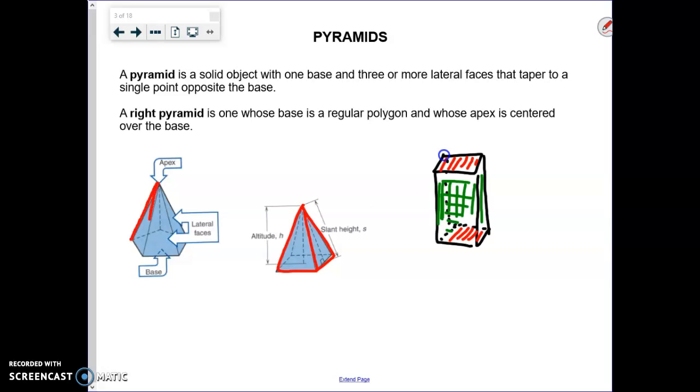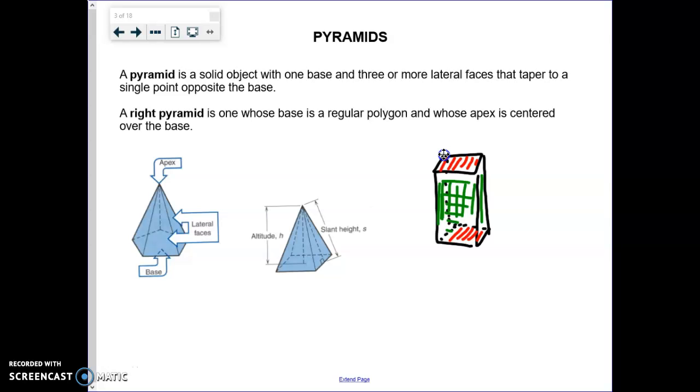So again, these lateral triangles meet at the apex. So again, some differences between a prism and a pyramid. A prism has 2 bases and 4 rectangular lateral faces. A pyramid has 1 base, which it's named by, and the lateral faces are all triangles.